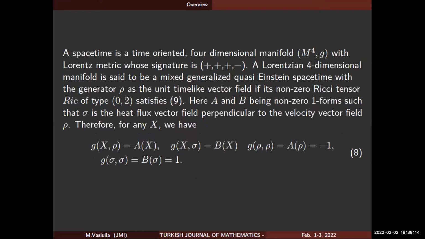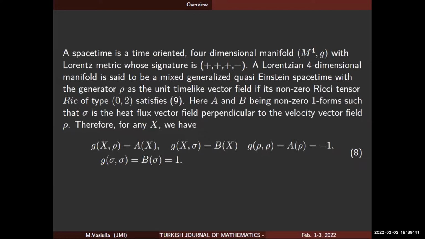A space-time is a time-oriented four-dimensional manifold M4 with Lorentz metric whose signature is (+,+,+,-). A Lorentzian four-dimensional manifold is said to be a mixed generalized quasi-Einstein space-time with the generator rho as the unit time-like vector field if its non-zero Ricci tensor of type (0,2) satisfies equation 9.